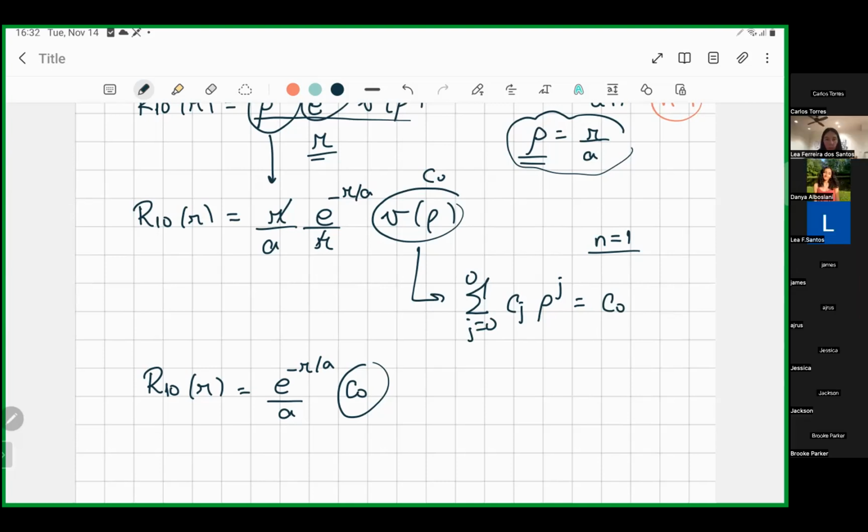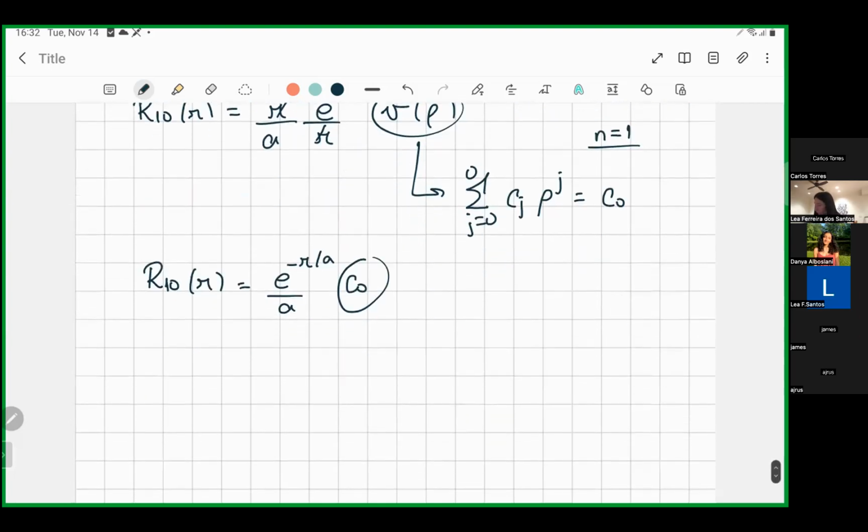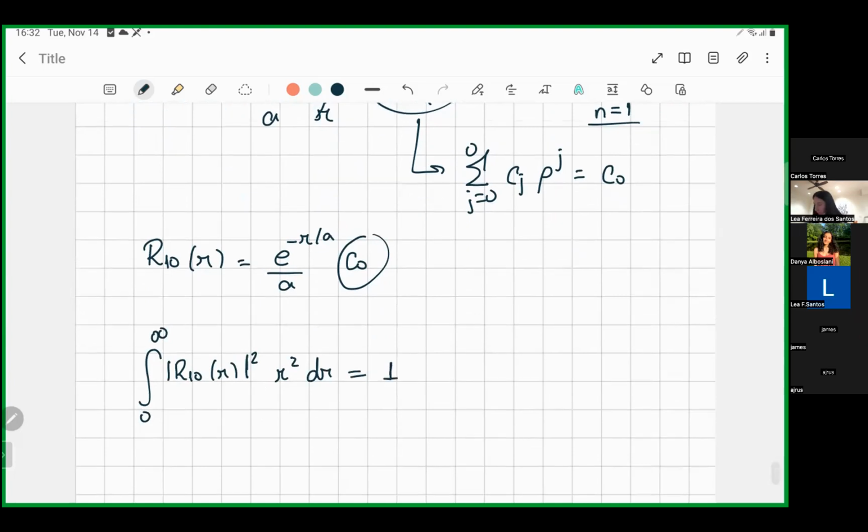Okay, so to find C0, what we have to do is normalization, right? Normalization using spherical harmonics means the integral of R squared dr has to be equal to 1.